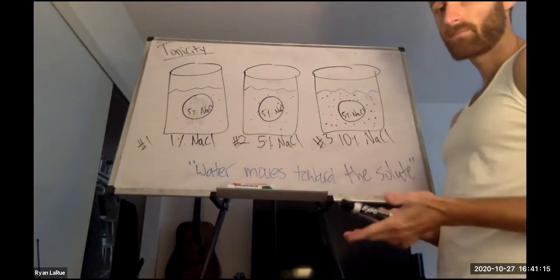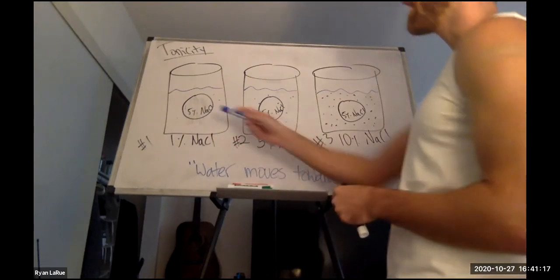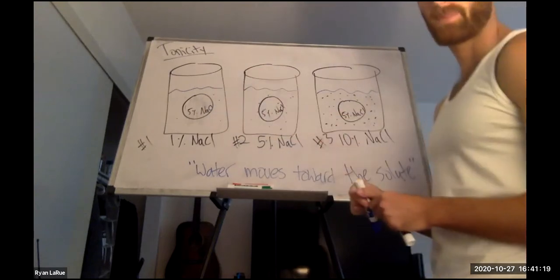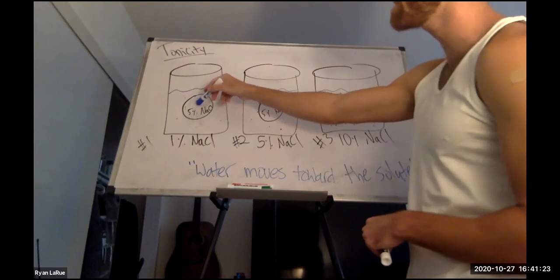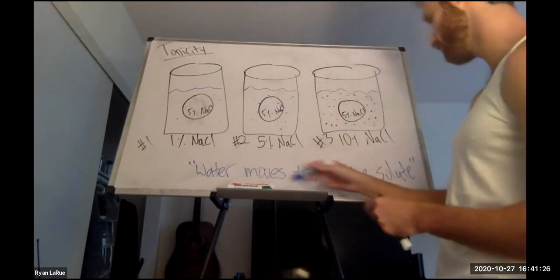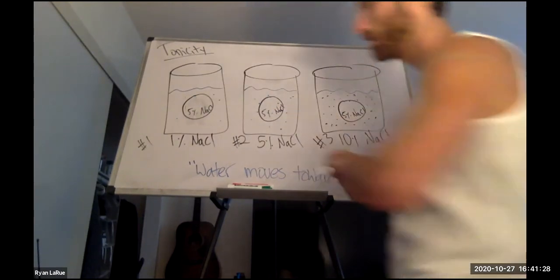And so water is going to move from outside of the cell into the cell. Why? Because the solute concentration is higher inside the cell. Water moves toward the solute. So I'm going to draw my arrows pointing into the cell. Water is going to enter our cell here.